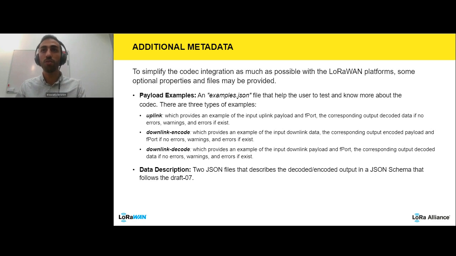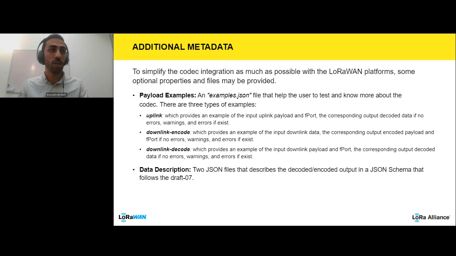They are also useful to assess the code implementation, codec memory consumption, and execution time, to compute the coverage, and to give the quality or a score of the codec depending on the coverage. So these examples are delivered alongside the metadata in an examples JSON file.